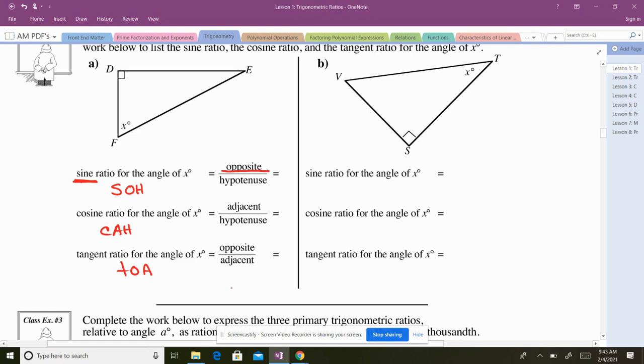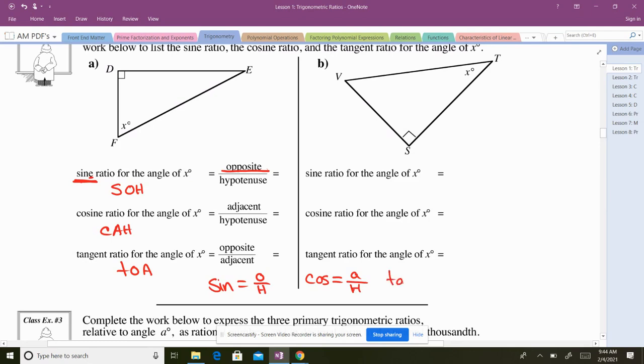I'm just going to write out my SOHCAHTOA. Sine. If you notice, they drop the E. They just put sin. Sine is O over H, opposite over hypotenuse. Cosine, cos, is the adjacent over the hypotenuse.